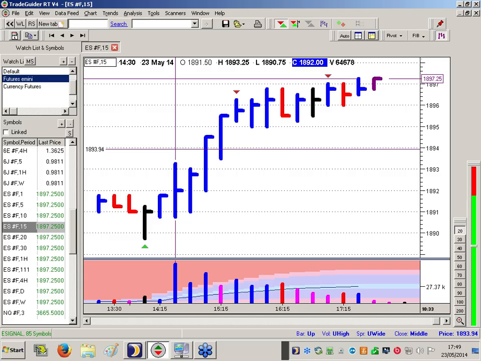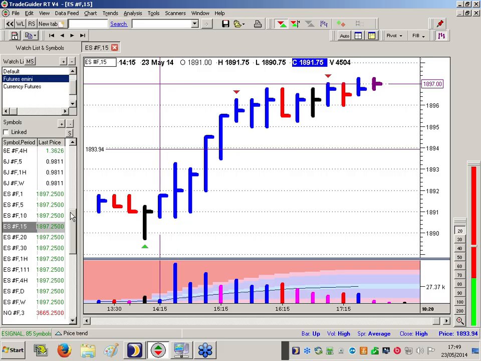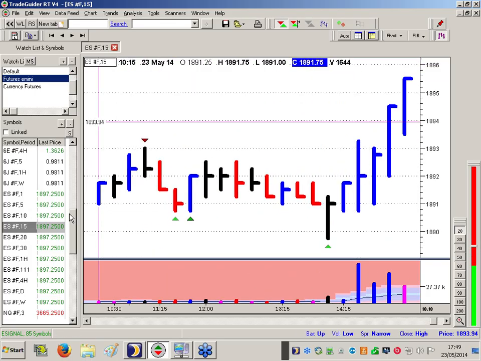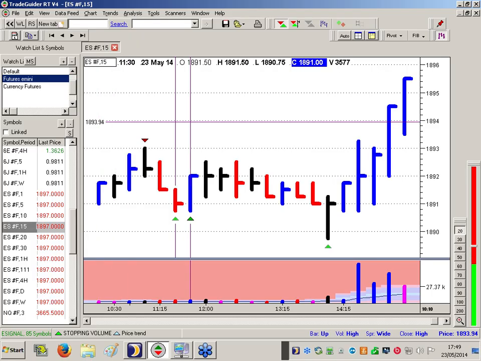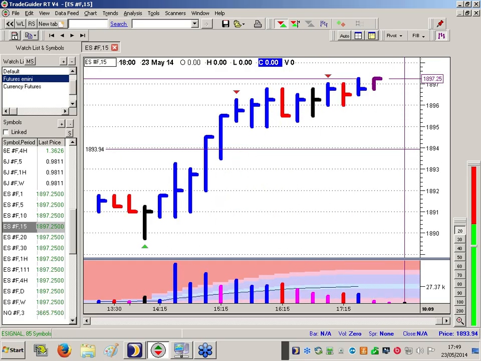This is overwhelmingly powerful here. And that's the reason why you know that's absorption volume, pushing through this high to the left, look. That's what's pushing through all this, look. Is that clear?